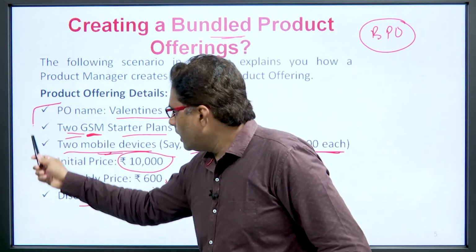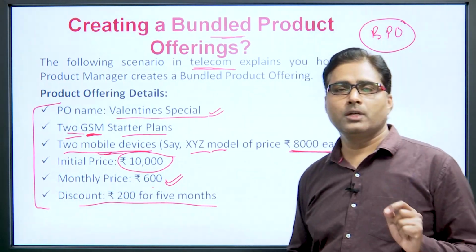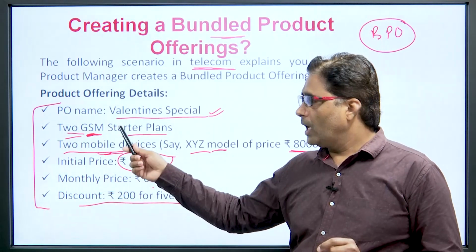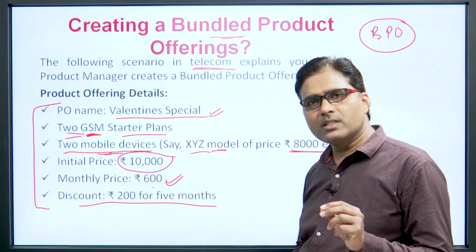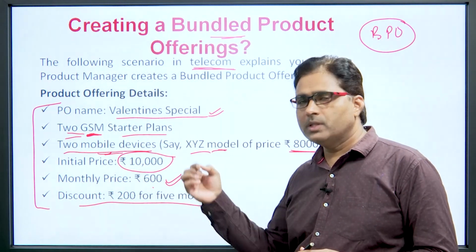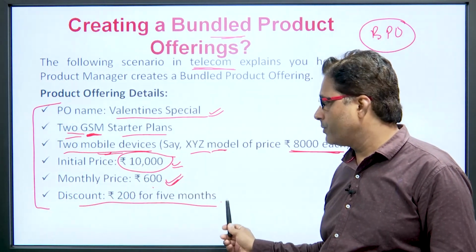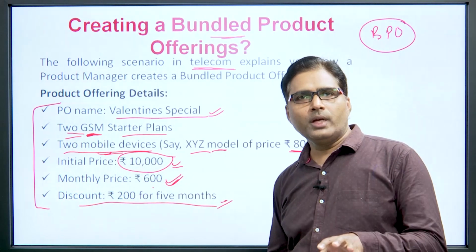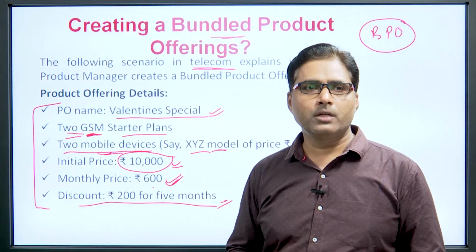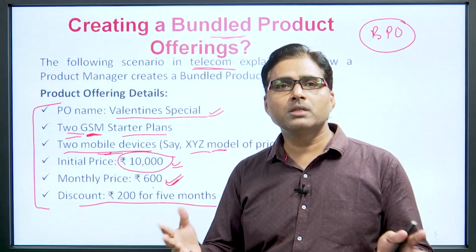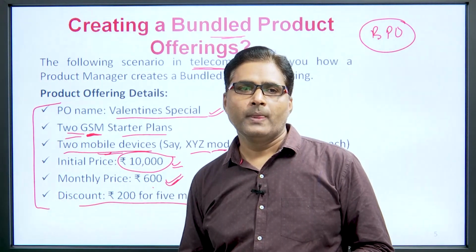Now, here it is different from the simple product where an individual product was there. Here there are at least 2 products, means the mobile device as well as the service in the form of SIMs, and that is 2 at a comparatively very low price. So, the ultimate goal of the company is to create new customers, to expand the market, whether it is created by this SPO or BPO.